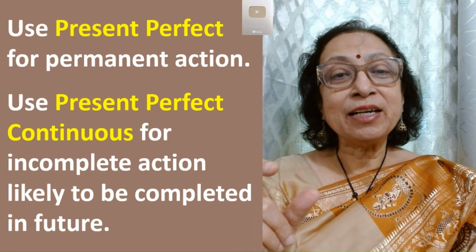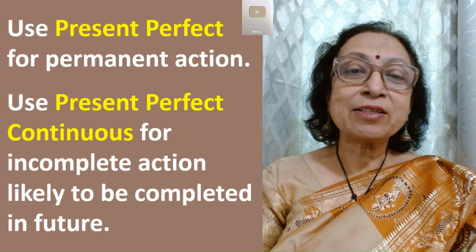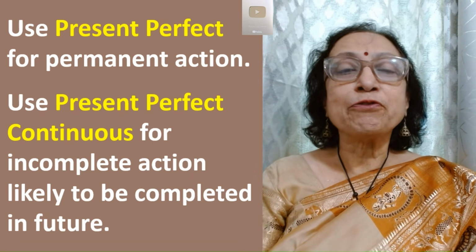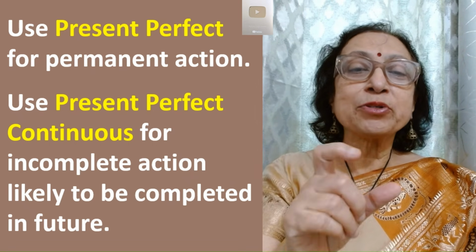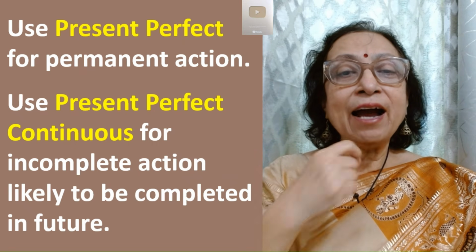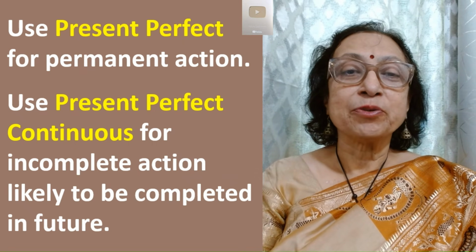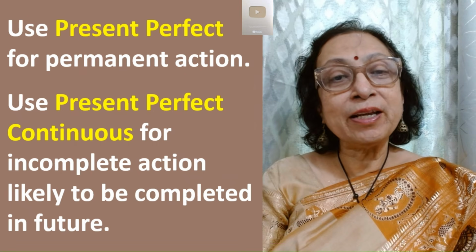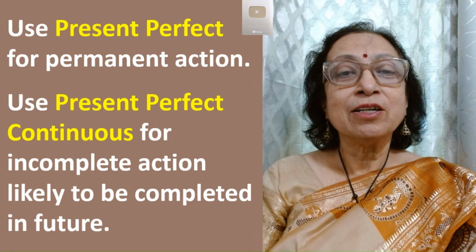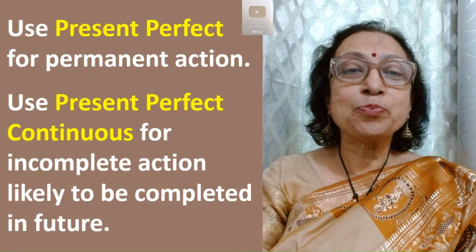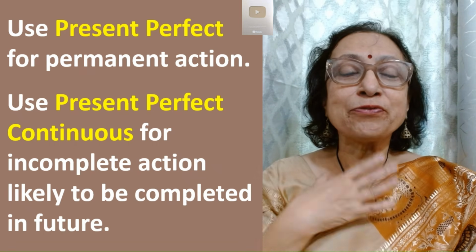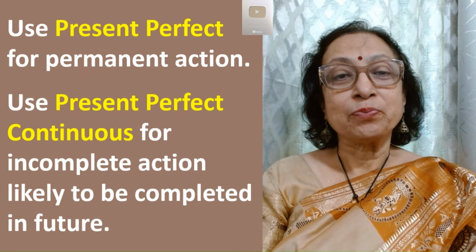So here "learnt" is the past participle of the verb learn. You are using have: I have learnt English. The action is complete, as I showed you in the earlier part, and now it is permanent because the knowledge of English is there with you.